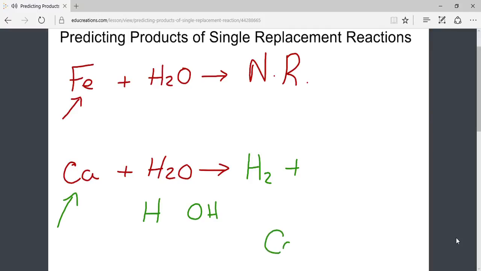To write the correct formula for that product, you need to consult the charges of each ion. Calcium is a 2+ charge, with hydroxide being a 1- charge. To write the formula for calcium hydroxide, we would need 1 calcium ion, but 2 hydroxide ions.